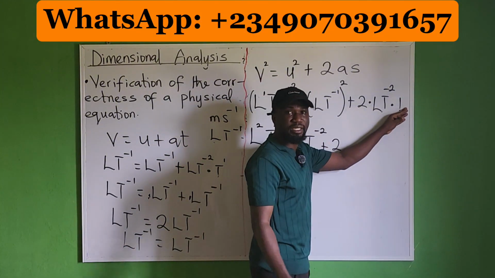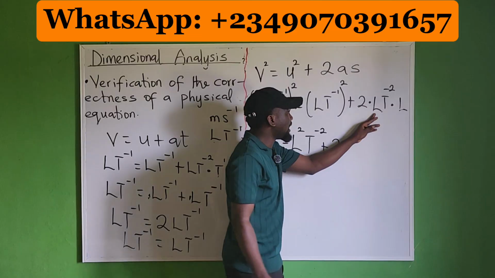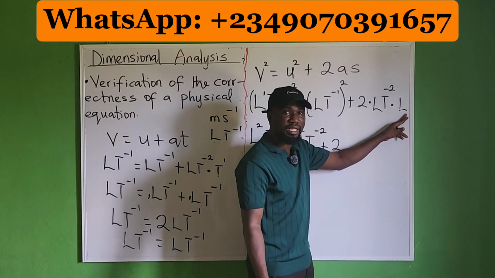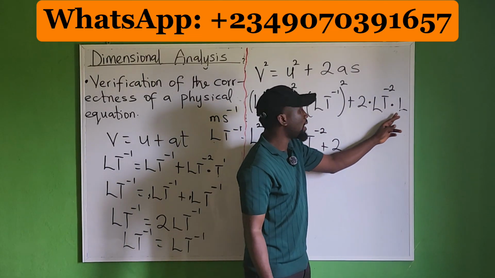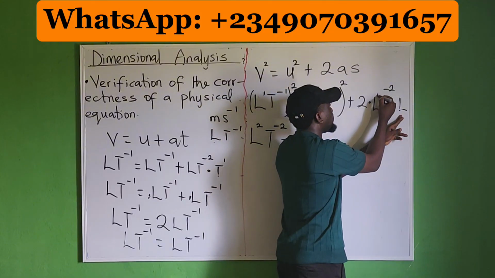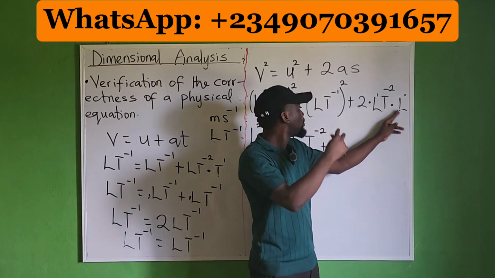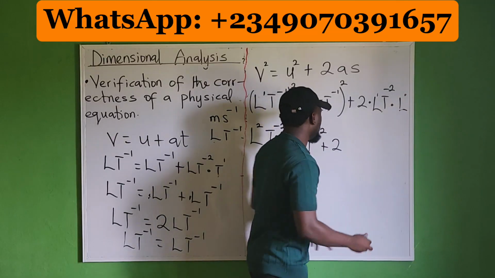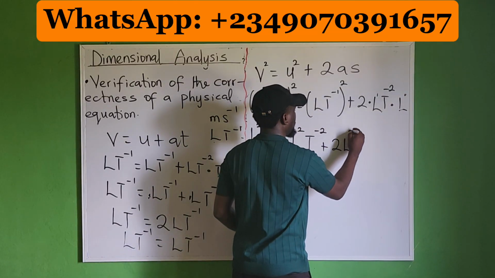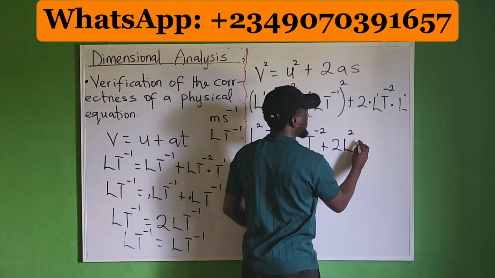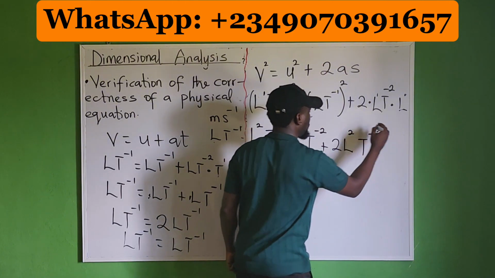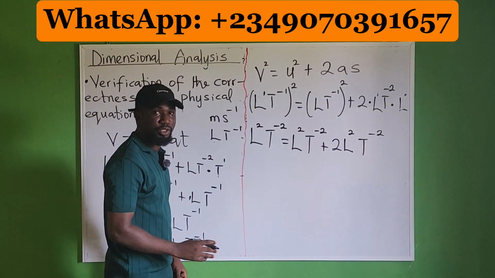We are multiplying everything here now. That is 2 times L^-2 multiplied by L. We have L here, we have L here. The power is 1 here, and also 1 here. Applying the law of indices, add up the powers. So 1 plus 1 will give us 2. So that's L squared, then T raised to power minus 2. Do you understand?